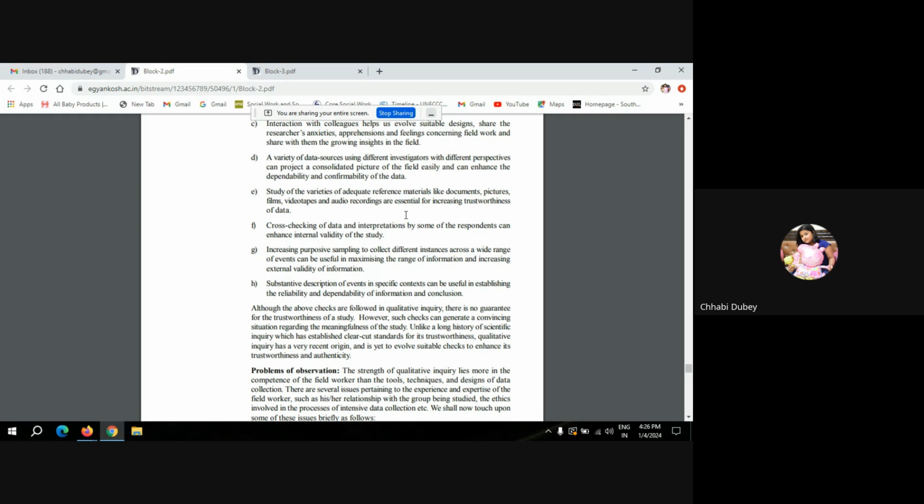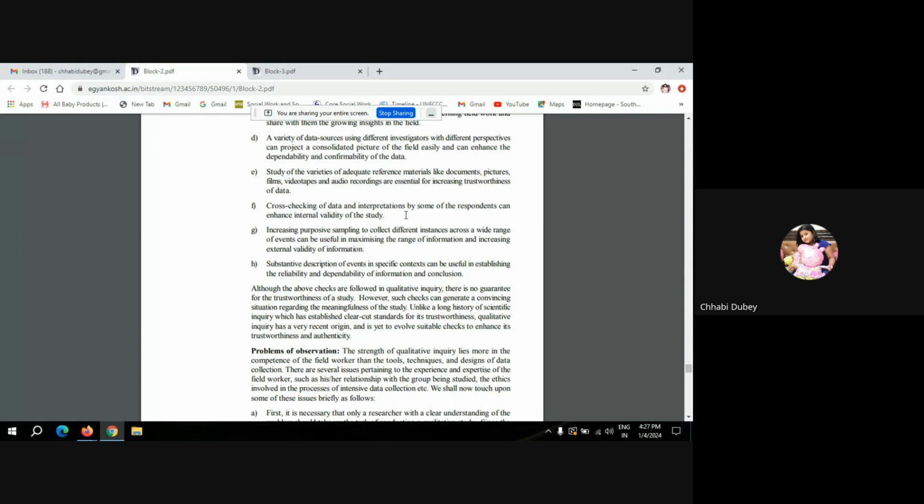So there could be secondary data, use of other things like pictures, films, videotapes, and other audio recordings and such secondary material. We can also cross-check the data and interpretations with some of the respondents. They can enhance the internal validity of the study. We can also use purposive sampling. This can also help us to increase these qualities.